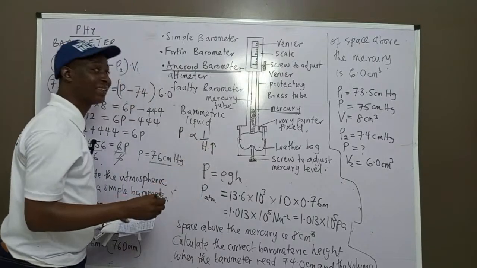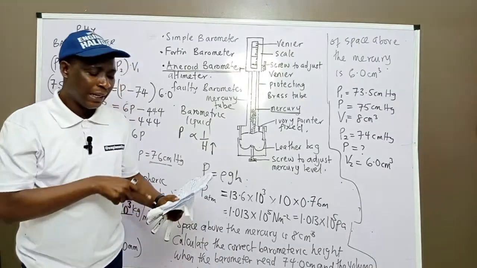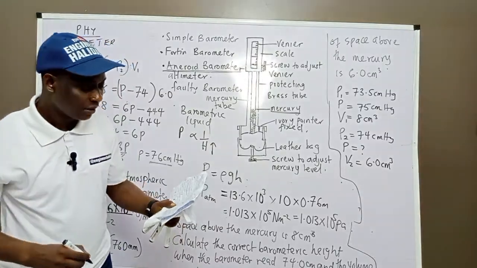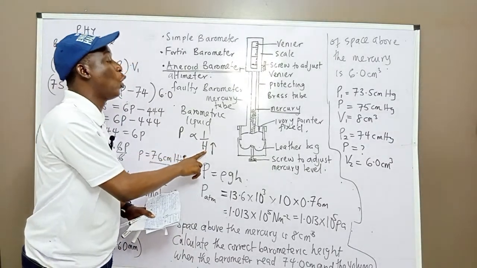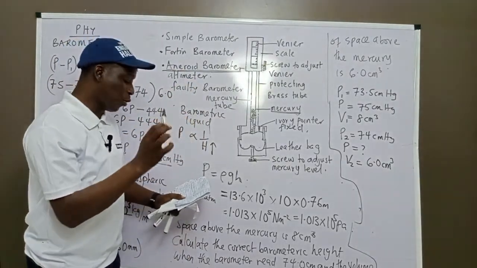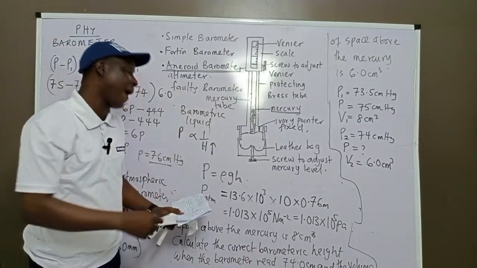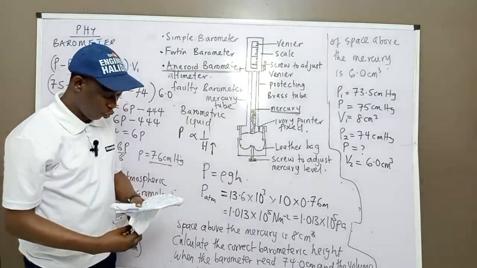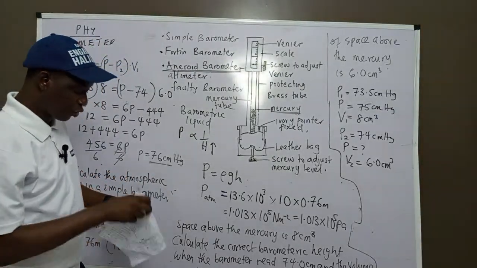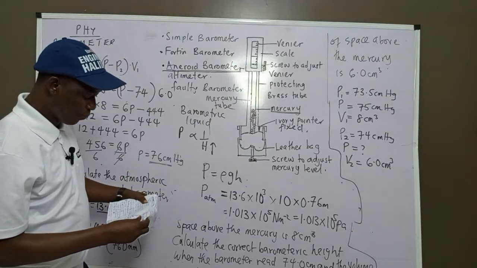It does not mean that as pressure decreases, height decreases. No. Try to understand that separately. Pressure decreases with height means that as height goes up, pressure goes down. That means as the aeroplane begins to rise, the pressure becomes lower. Please take note of that. Very, very important. Pressure becomes lower. That is how an aneroid barometer operates.